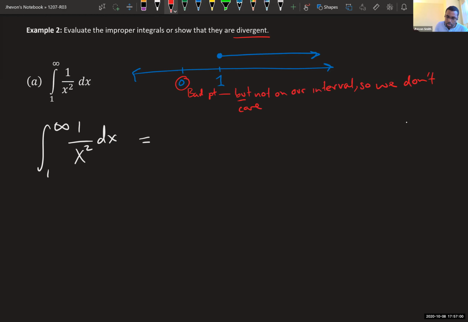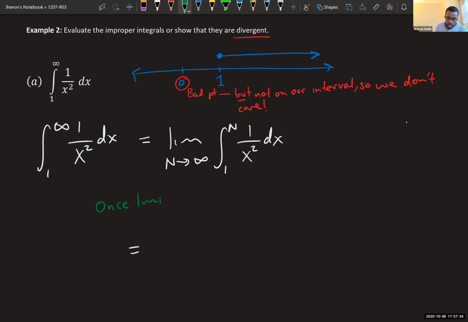The limit as n approaches infinity of the integral from 1 up to n of 1 over x squared dx. Now once you do that, there's nothing to break up in this situation. What you actually do is compute the integral, forget the limit.